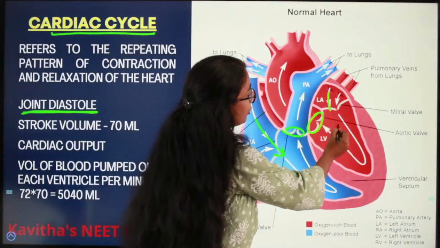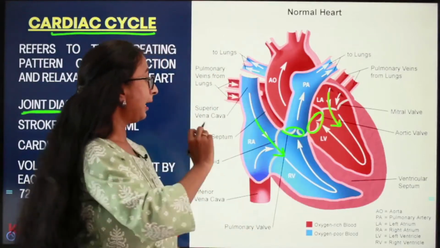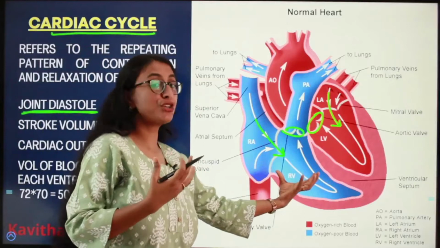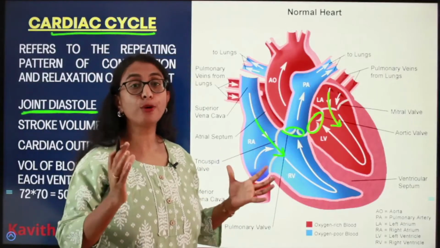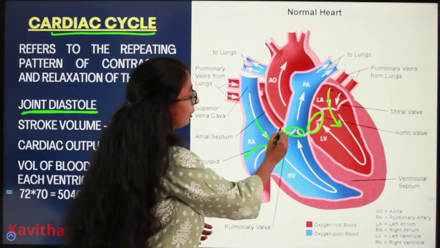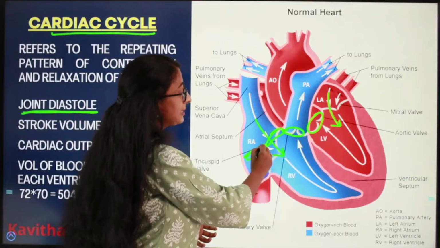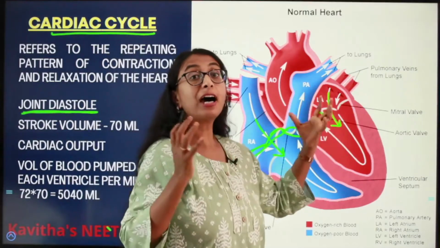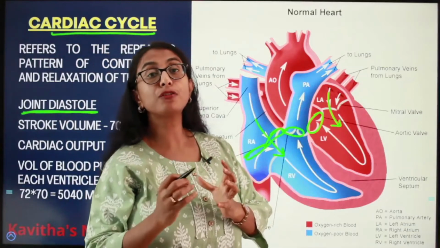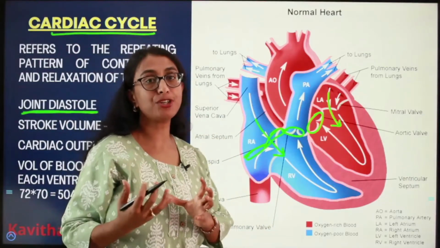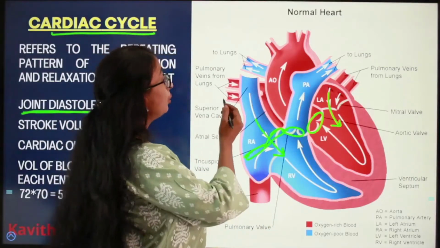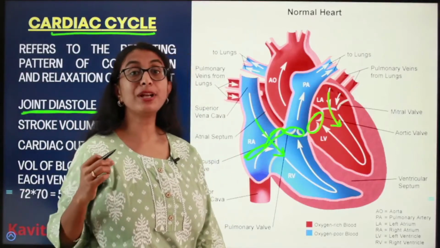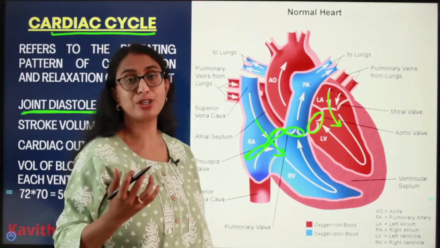Once the blood has flowed from the right atrium to the right ventricle and from the left atrium to the left ventricle, there is an increase in the pressure in the ventricles, which forces the atrioventricular valves to close. That is, the tricuspid valve and the bicuspid valve are forced to close. Also, the electric impulse generated by the sinoatrial node is transmitted to the atrioventricular node.